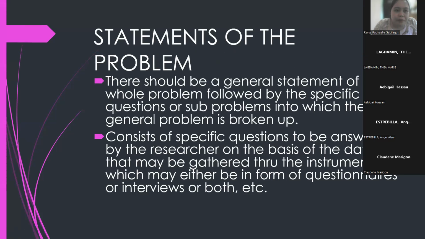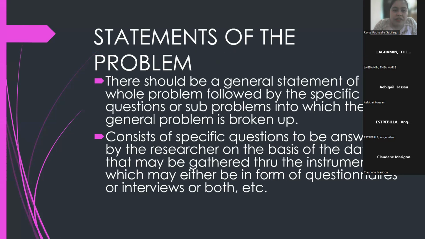Now, the next part after the introduction is the statement of the problem or our SOP. In here, we are going to write the questions or the things that we need to identify in our research, the questions that we need to answer in our research. Now, how do we write the statement of the problem?